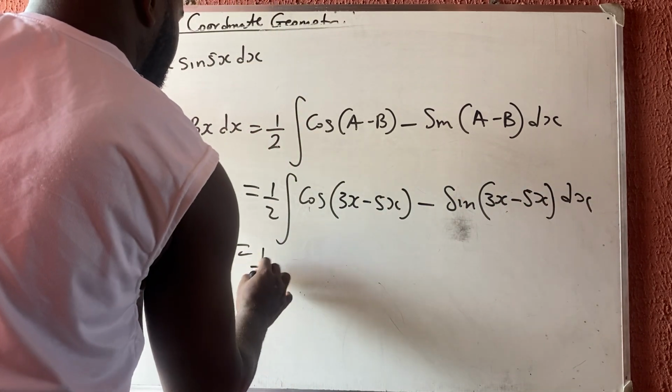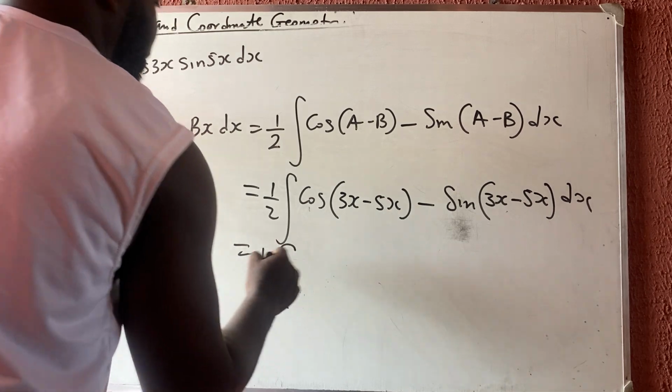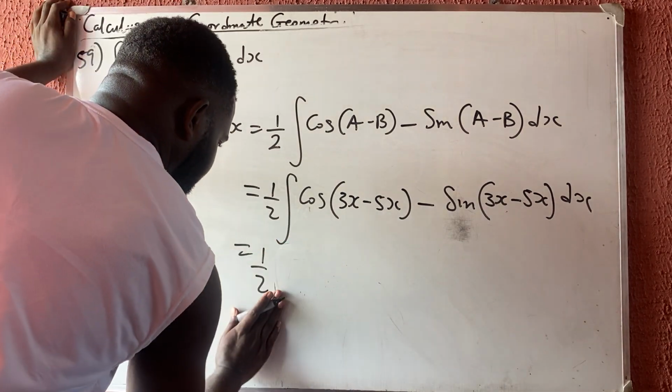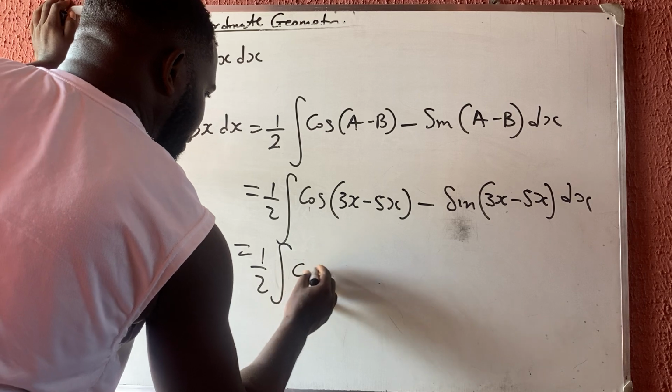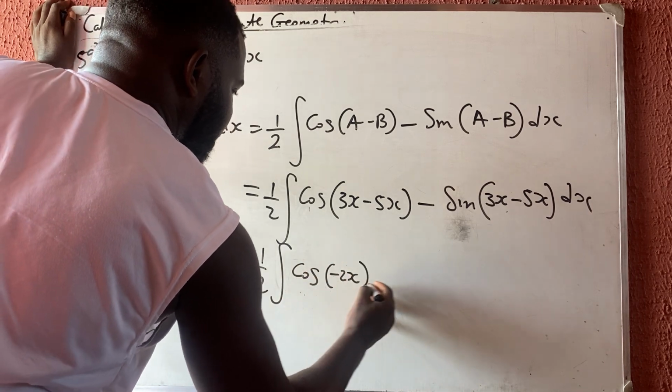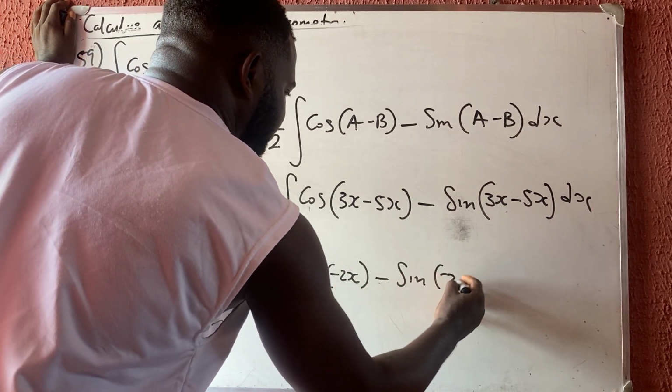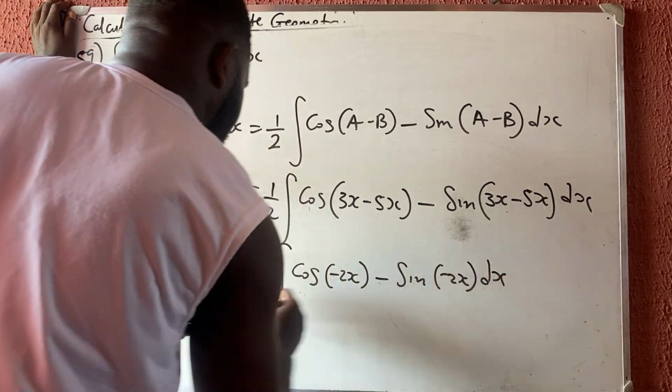So this is now 1 over 2 into, 1 over 2 the integral of cos minus 2x minus sine minus 2x dx.